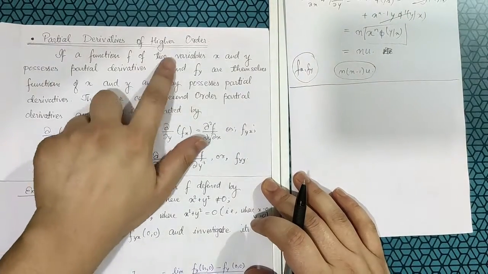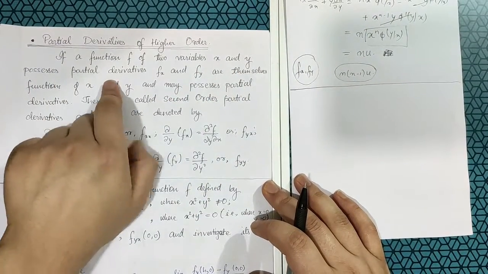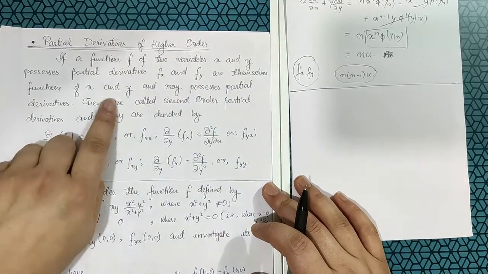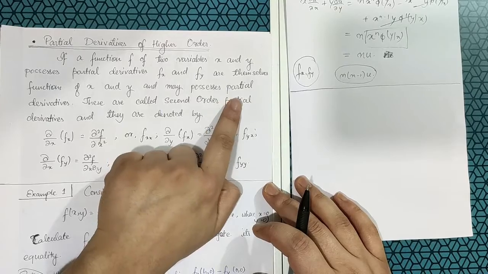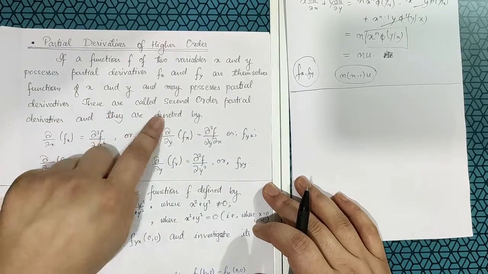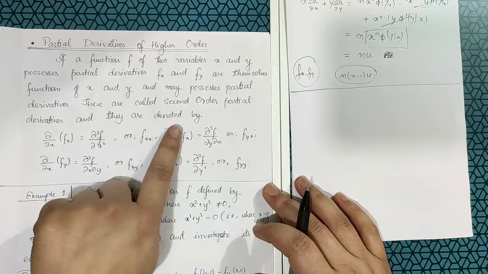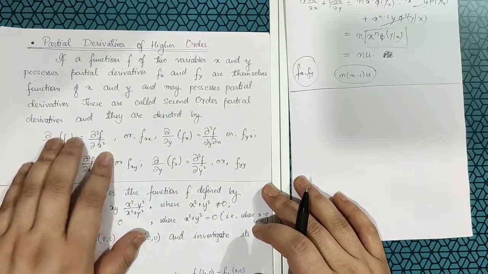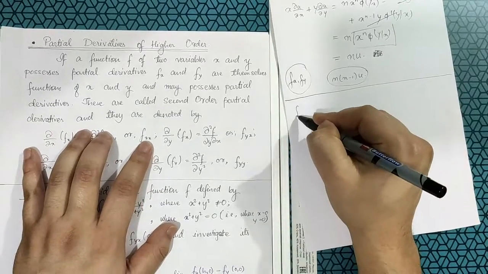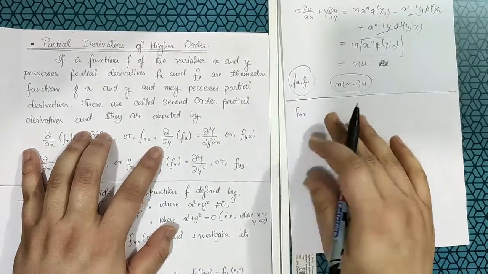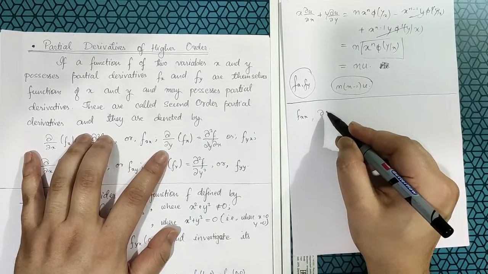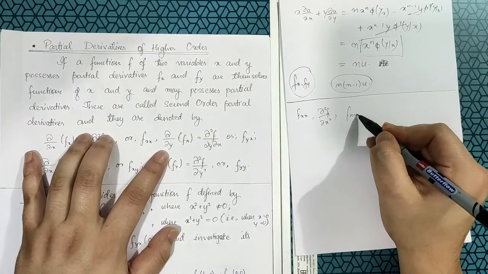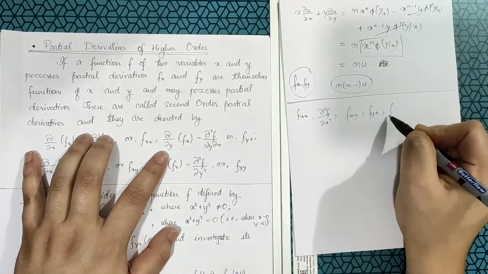If a function f of two variables x and y possesses partial derivatives f_x and f_y that are themselves functions of x and y and may possess partial derivatives, these are called second order partial derivatives, and they are denoted by ∂/∂x of f_x, which is ∂²f/∂x², or we will basically denote it by f_xx. Similarly, f_xy, f_yx, and f_yy.